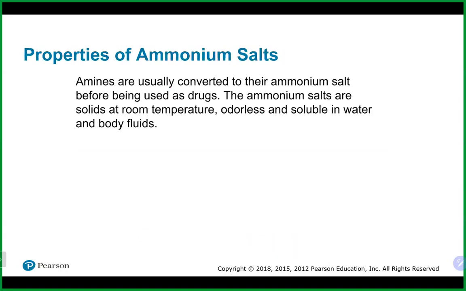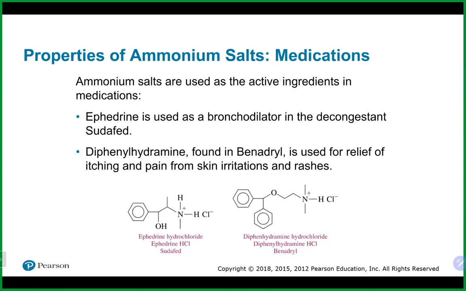So some properties of ammonium salts. Amines are usually converted to their salts before they're used in some type of drug. They're solids at room temperature. Here are some things like ephedrine and diphenhydramine as well, which is like Benadryl. You can see our amine salts here, which is basically over here.